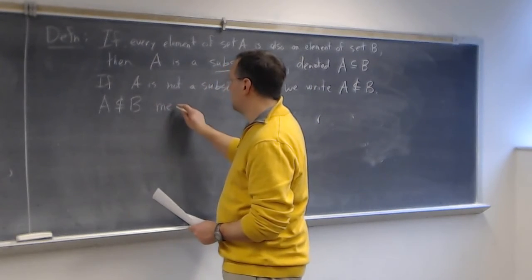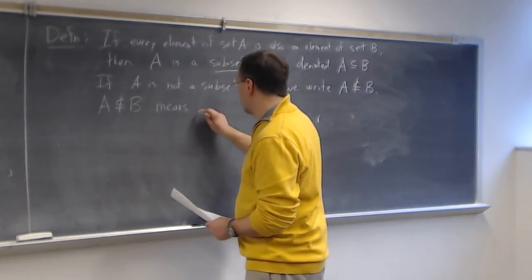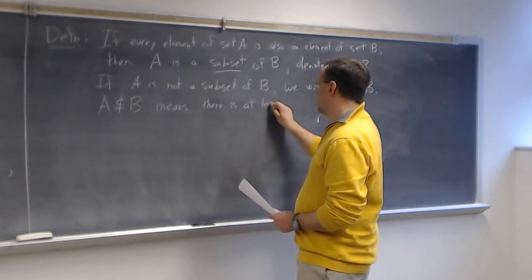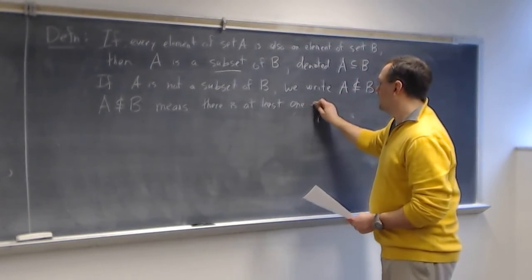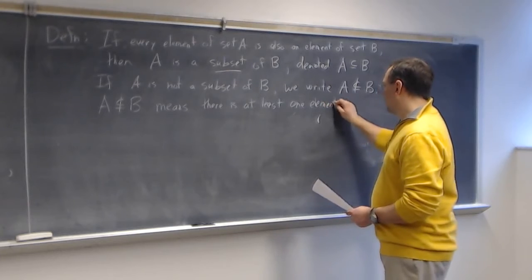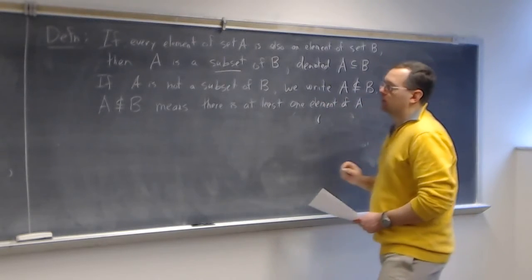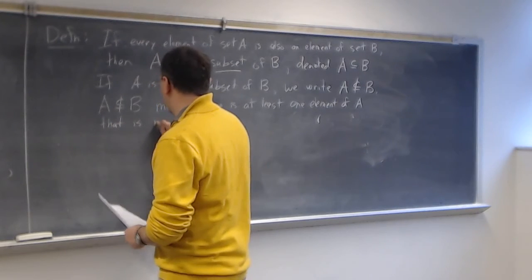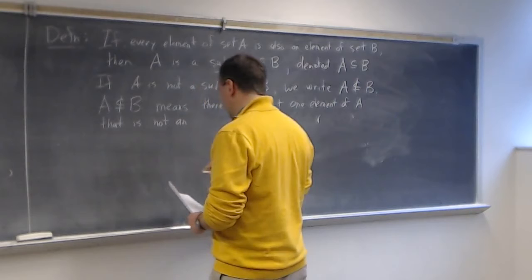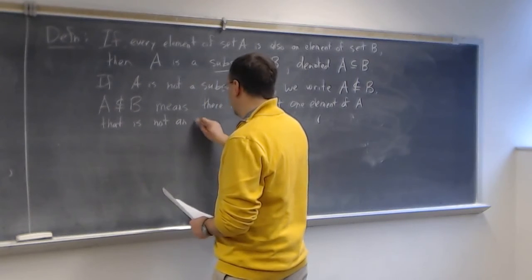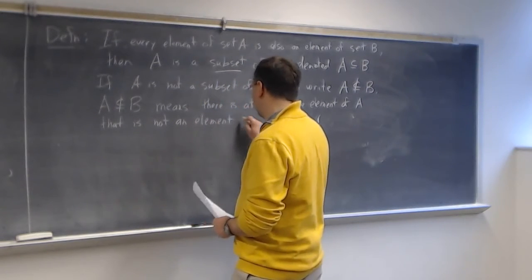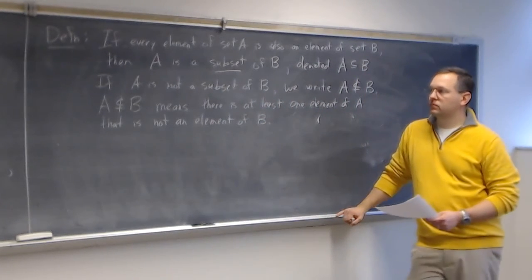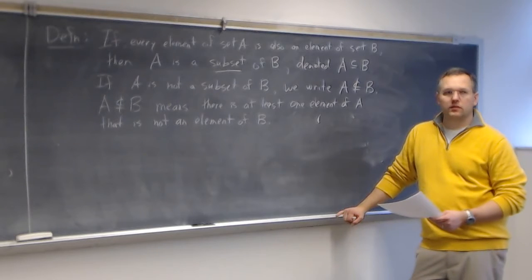So A is not a subset of B means there is at least one element of A that is not an element of B. Any questions about subsets so far?